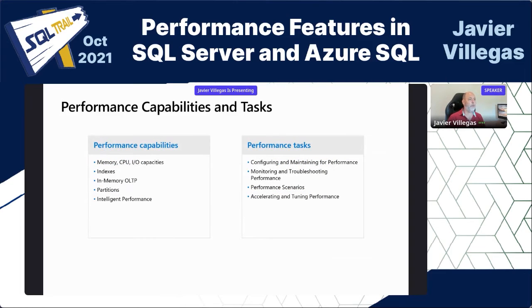So when we talk about performance capabilities, right, we always refer to the same things: CPU, memory, and disk, right? So you can put them in the order that you like, but these are the three most important things that we need to set up correctly, define correctly, and monitor, right?